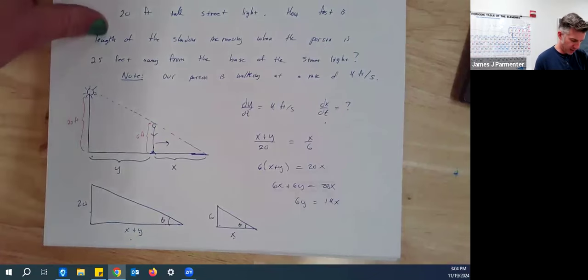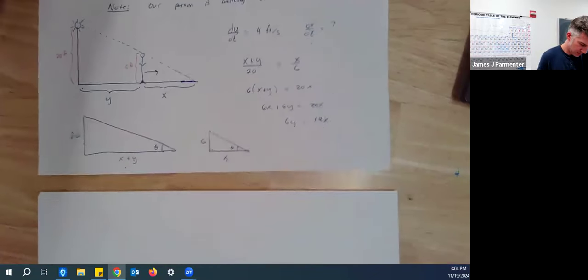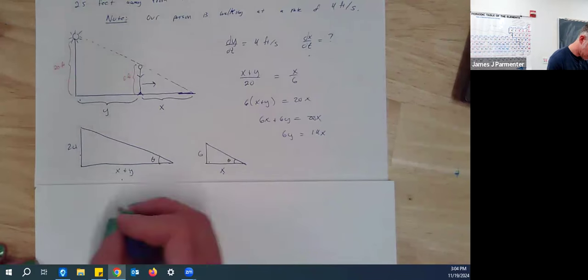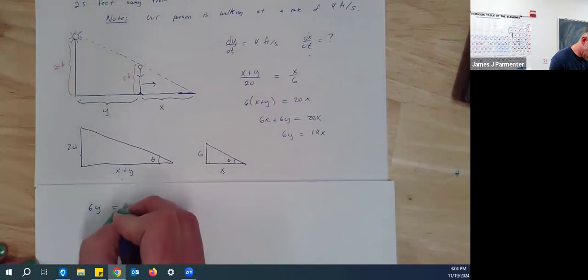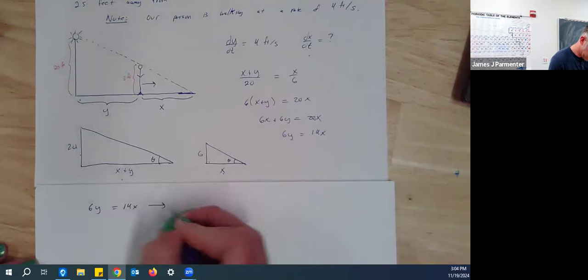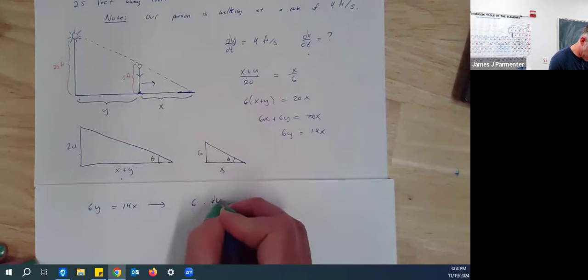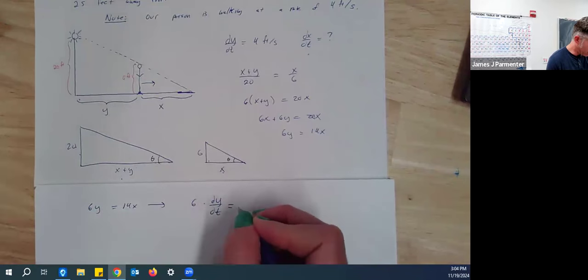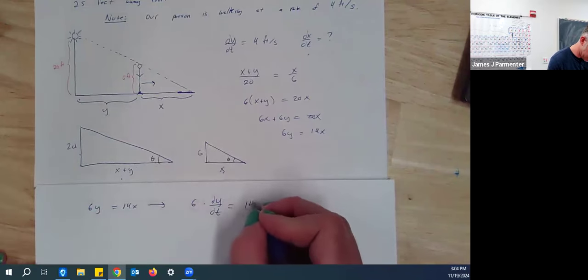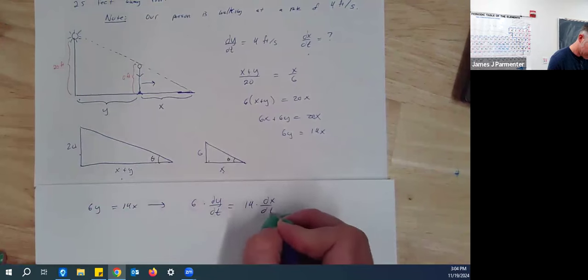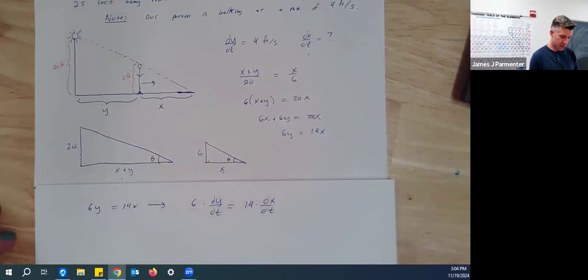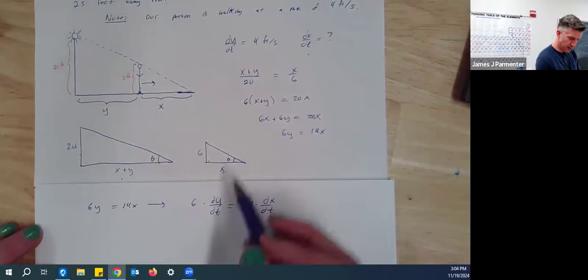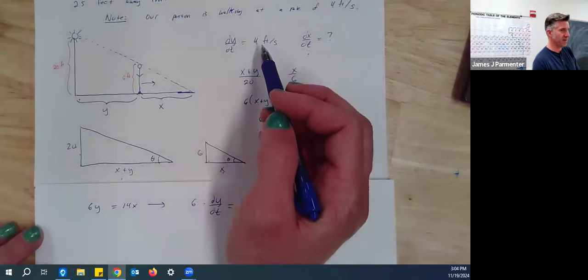And now if we differentiate both sides, 6y equals 14x is going to become 6 times dy dt equals 14 times dx dt. I was told dy dt, it's right there, after we remembered that we needed to say it.